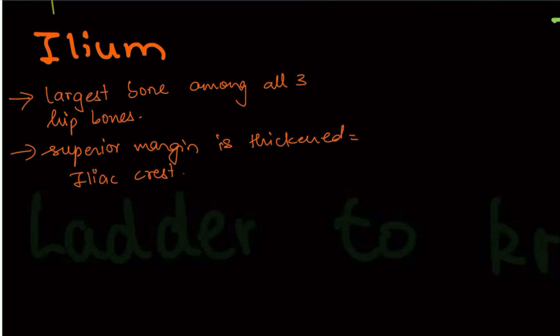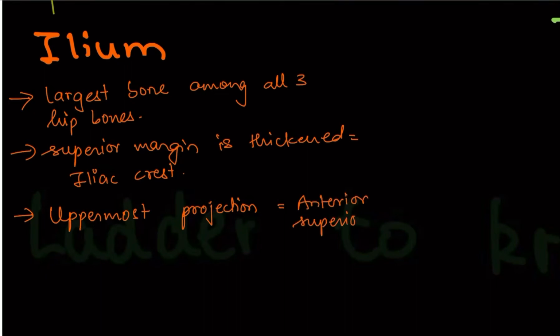So what is iliac crest? The superior margin which is thickened of the ilium bone is called as iliac crest. It has an uppermost projection or spine-like protrusion which is called as anterior superior iliac spine.